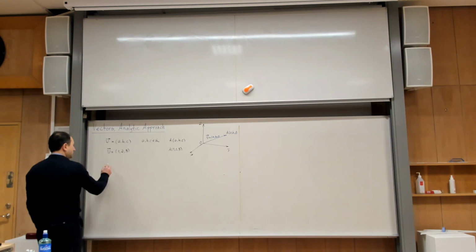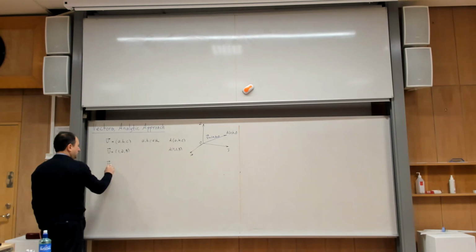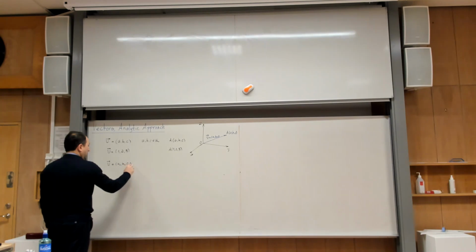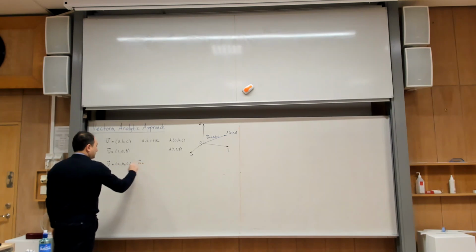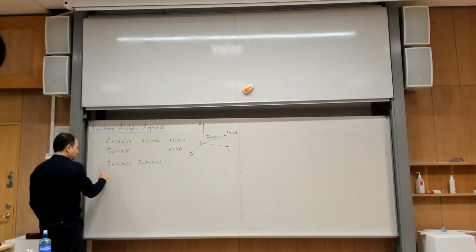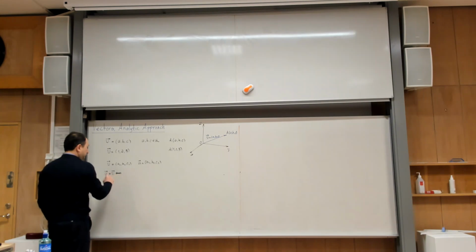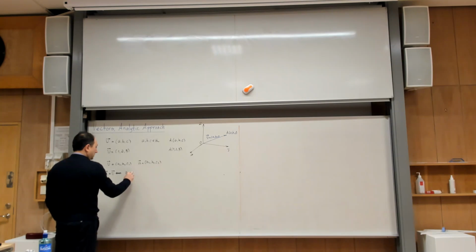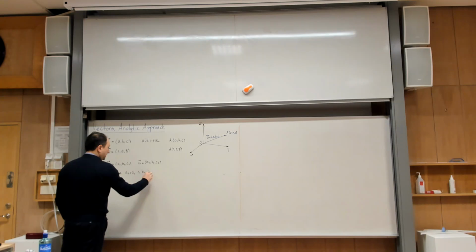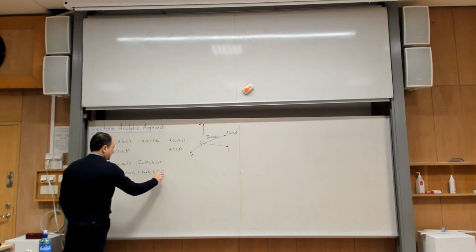So if I have V equal to (A1, B1, C1), and let me call U to be (A2, B2, C2), then I would say that U is equal to V if and only if A1 is equal to A2 and B1 is equal to B2 and C1 is equal to C2.